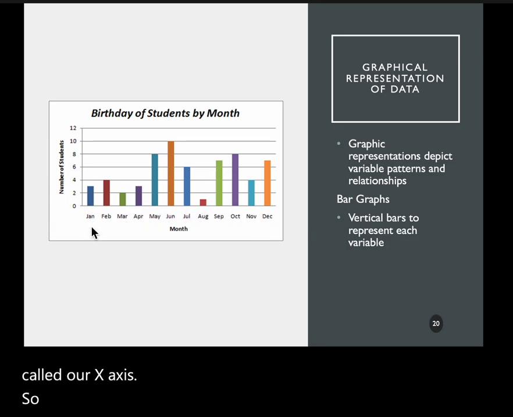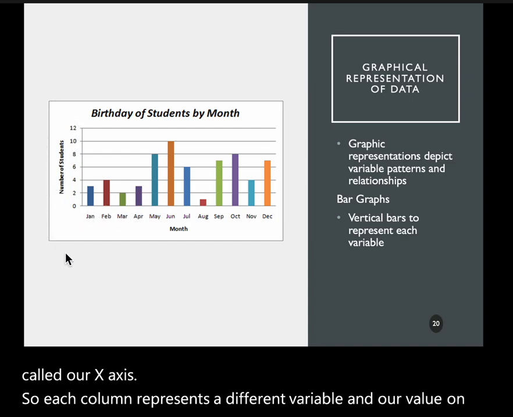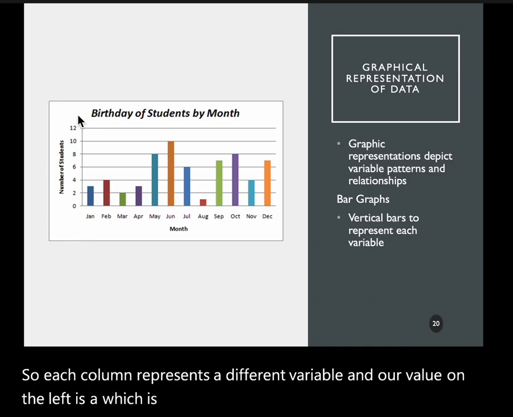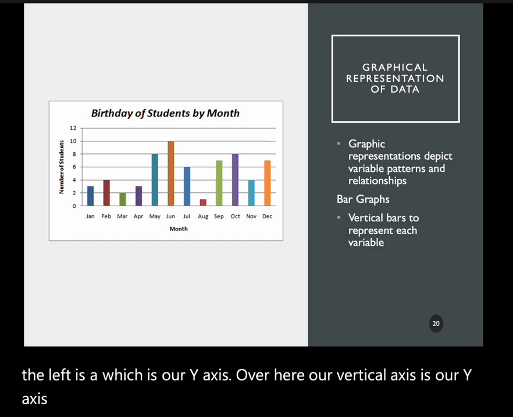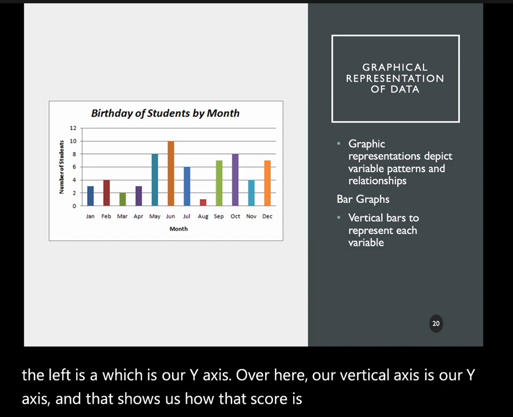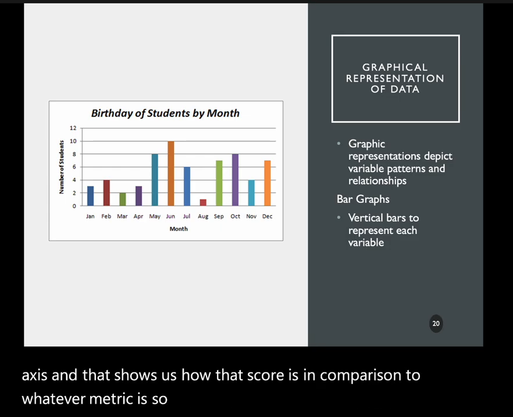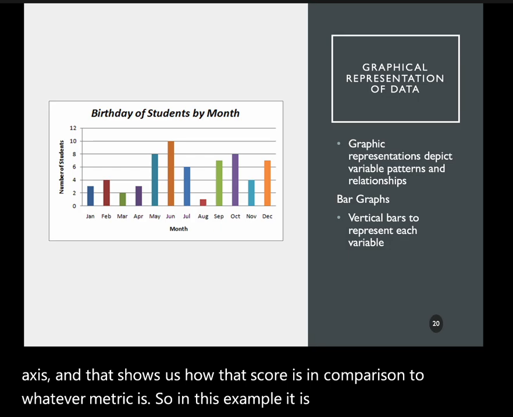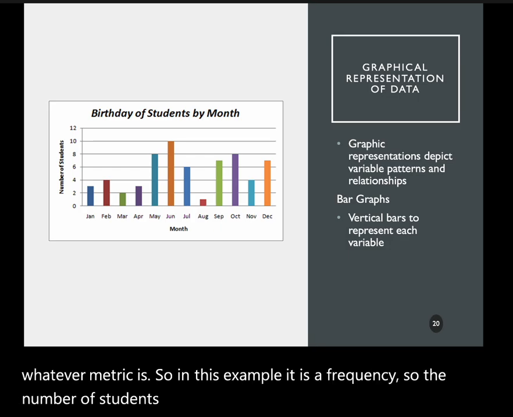So each column represents a different variable, and our value on the left, which is our y-axis, our vertical axis, shows us how that score compares to whatever our metric is. So in this example, it is a frequency, the number of students who report having a birthday in that month.